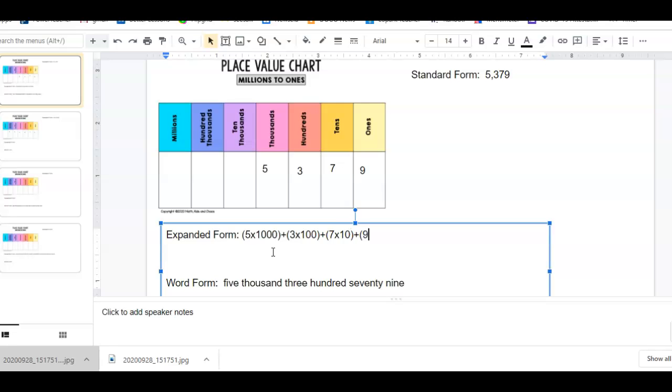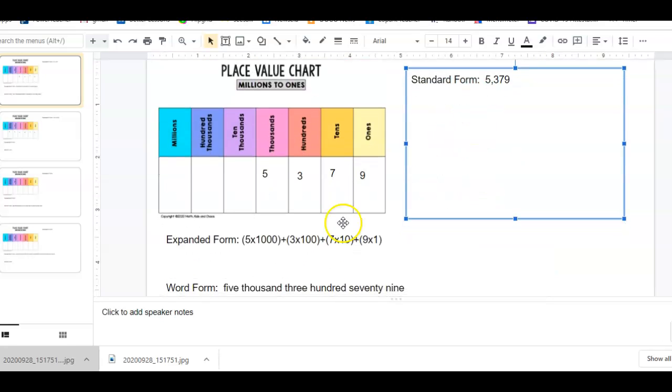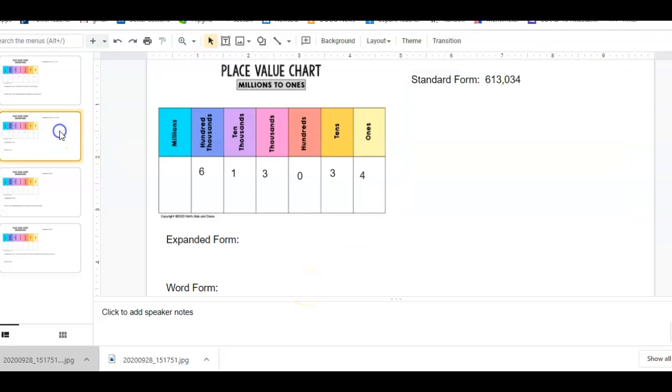So I have 9 times 1, 9 ones, right? 5 times 1,000, 3 times 100, 7 times 10, 9 times 1. So here I have it in standard form, expanded form, and word form. Let's look at another one.